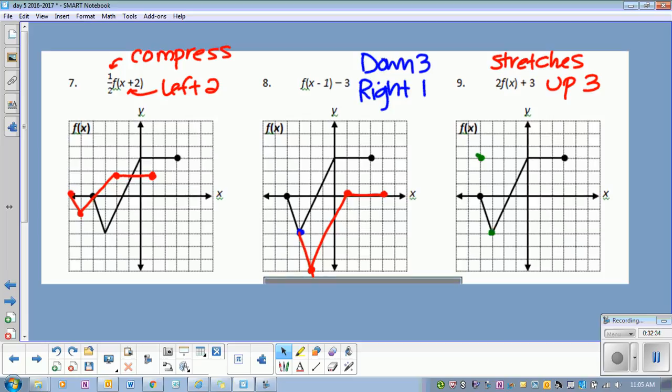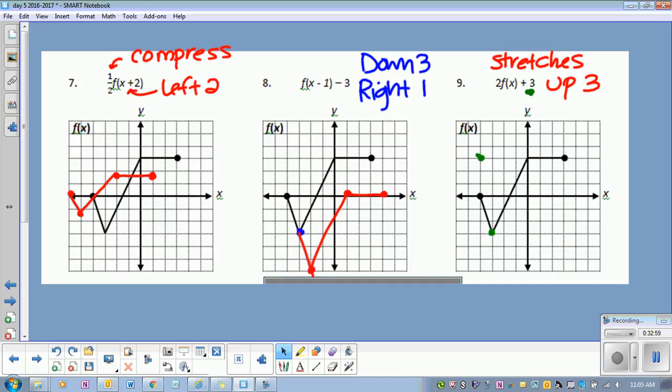Okay, so let me look at this one. Uh-oh. Okay. And then this one. So stretches, so times 2. It's up 3 right now, so now I have to go up 6. But then I have to go up another 3, way off the charts here, right? I'll say about right there.